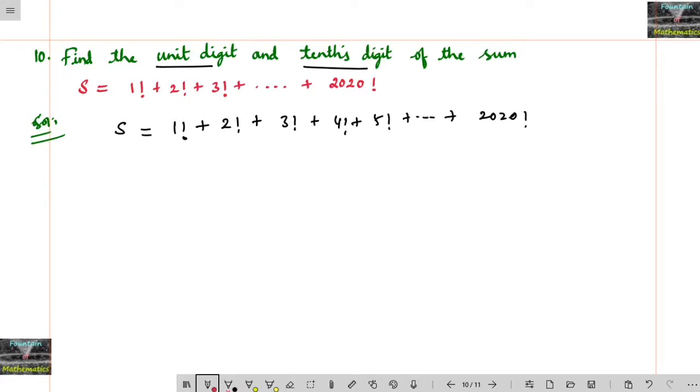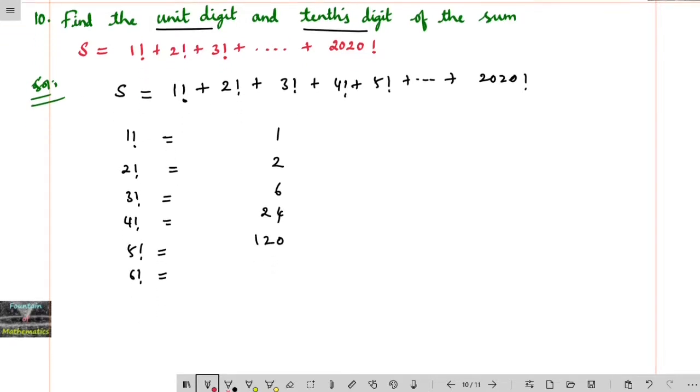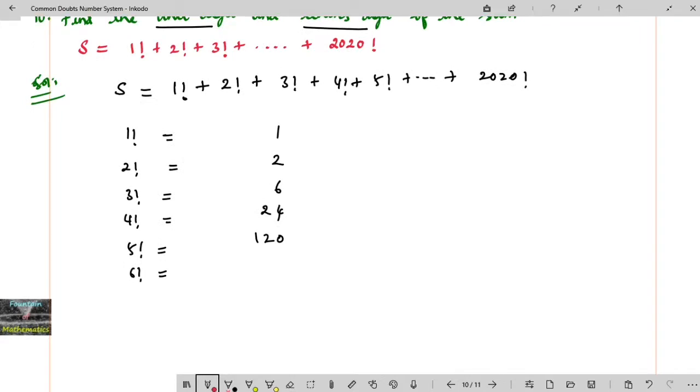So what is 1 factorial value? 1 factorial value is 1. 2 factorial value we can take as 2, and 3 factorial we can write as 6, and 4 factorial is 24, and 5 factorial is 120. And 6 factorial we need to compute, at least up to there, because we want the unit digit and tenth digit.